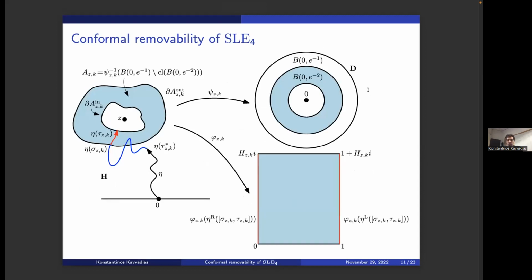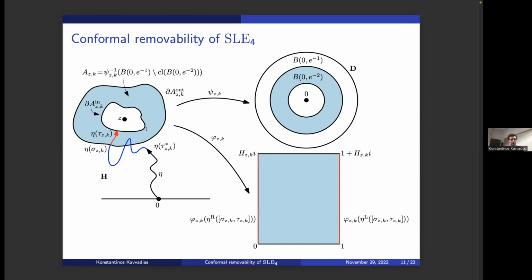I guess we can forget this blue annulus here because this is the way we choose it, the conformal annulus. We just consider a very good shape here, a very good annulus, and then we take the inverse image under this conformal transformation psi zk here, which sends z to 0 and the tip of the curve, let's say, to minus i, just to avoid some technicalities.